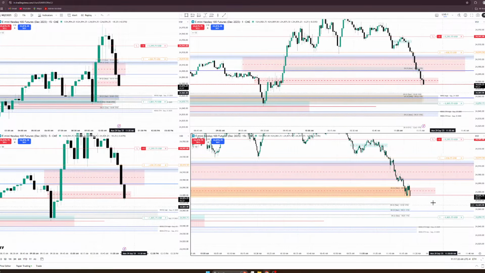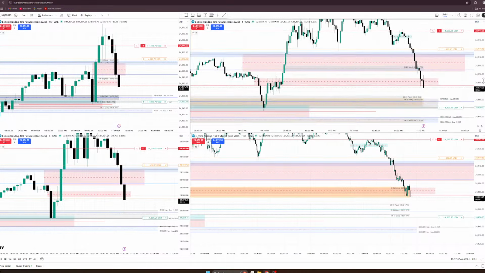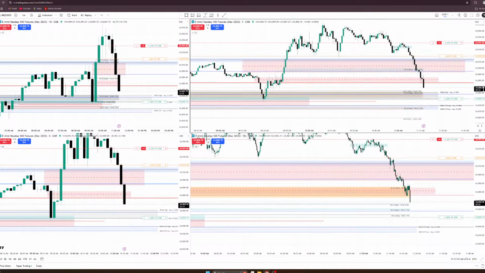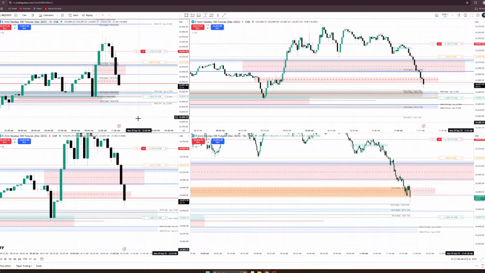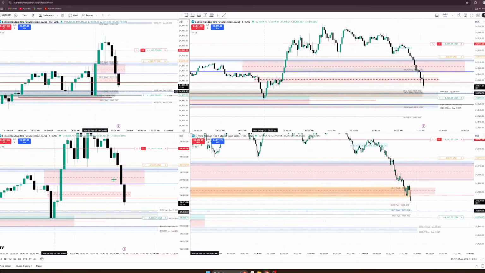Now we want a closure below this 1-minute fair value gap. Yes, so this will act as a balanced price range now. We are near our target, our equal lows.